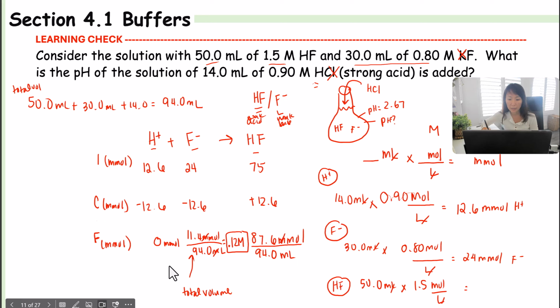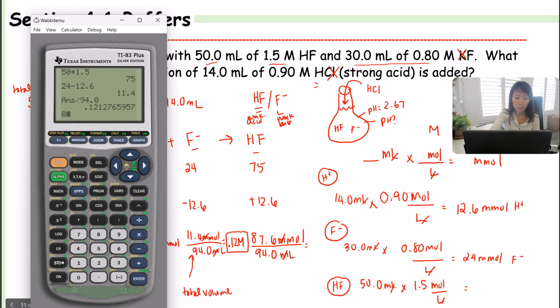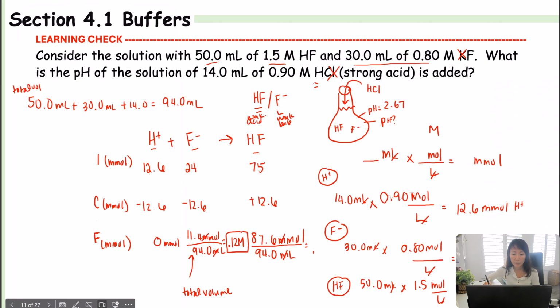We can cancel out the milliliters. And I would get 87.6 divided by 94.0, which gives 0.93 molarity of HF.